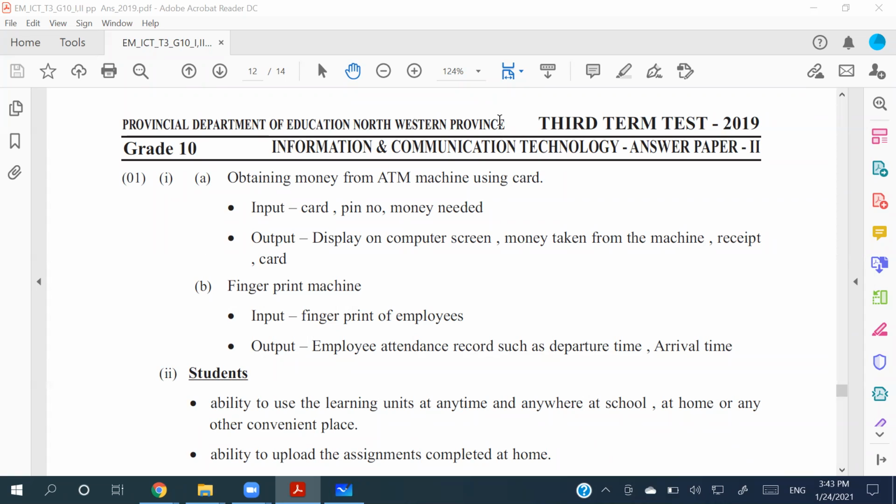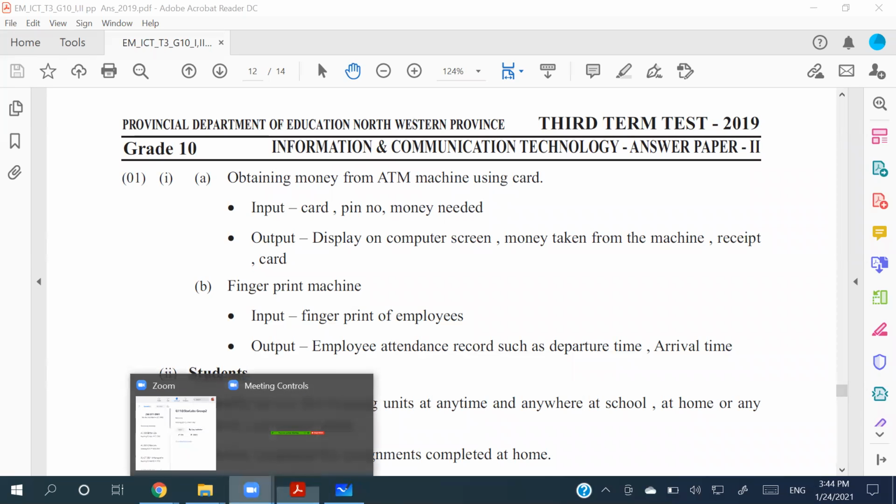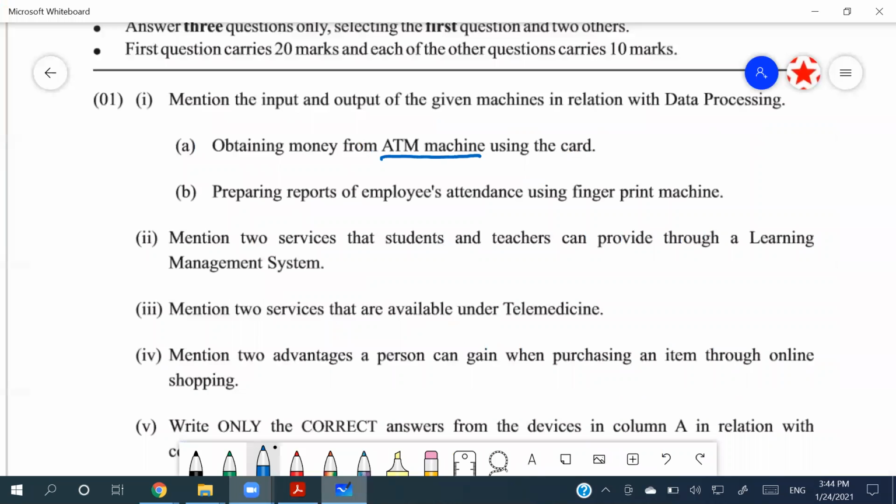The second machine is the fingerprint machine. The input is going to be the fingerprint of the employees, just the fingerprint, the only input for a fingerprint machine. For the output, let me check the way they have given the question: preparing reports of employee attendance using a fingerprint machine. So they have clarified this is taken to prepare the employee attendance.